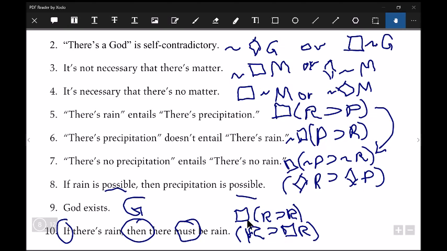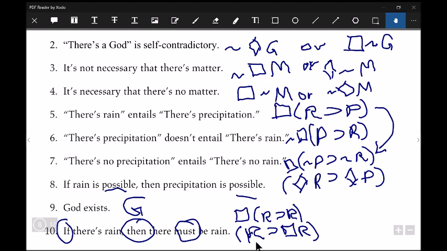Well, the first one, it's necessary that if there's rain, then there's rain, is true, but it's utterly trivial. It doesn't say a whole lot. It's necessary that if A, then A. It doesn't say anything at all, but it has to be true, kind of trivial. Necessary that if R, then R, with box outside.